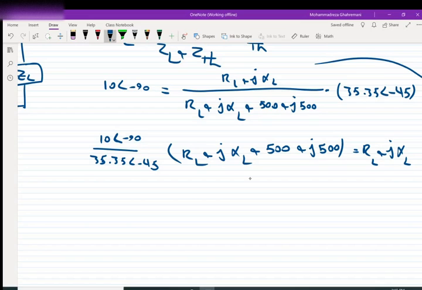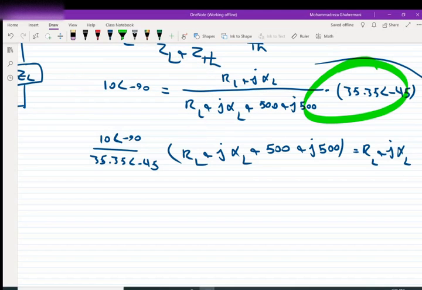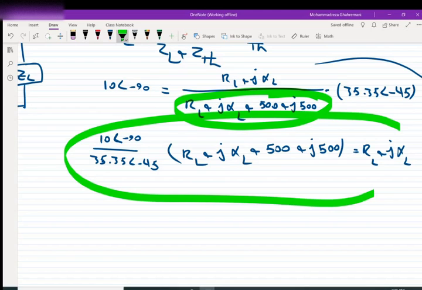What did I do? I just simply divided both sides by 35.35 with the angle of negative 45 and multiplied both sides by the denominator. So we will have this equation.